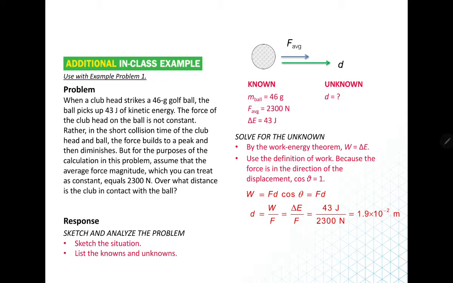In any question that you will see in your book, when you see energy, it's the same as the work. So delta E over F, delta E, which is 43 joule, over 2300 Newton. The final result will be 1.9 times 10 to the power minus 2 meter. The unit here is meter because we are calculating the distance.